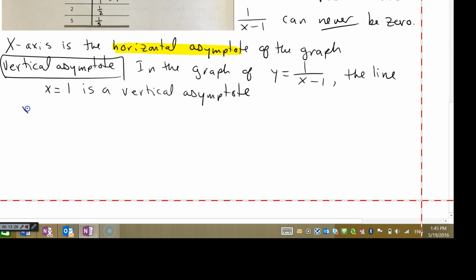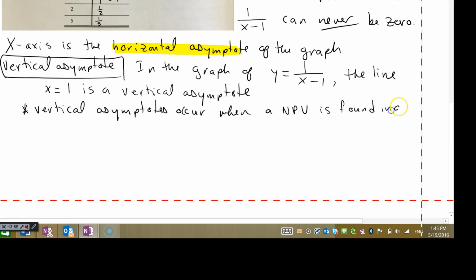Vertical asymptotes occur when a non-permissible value is found in a rational function.